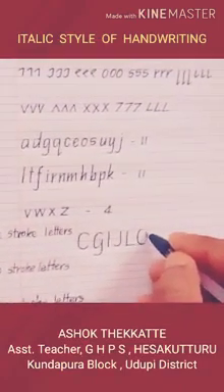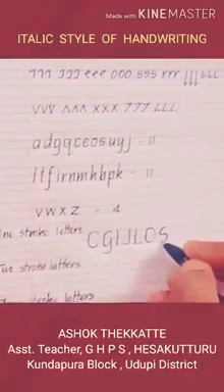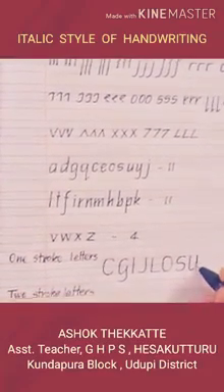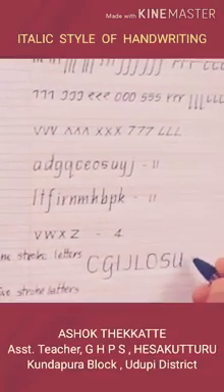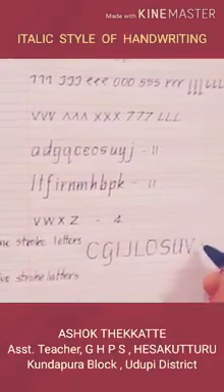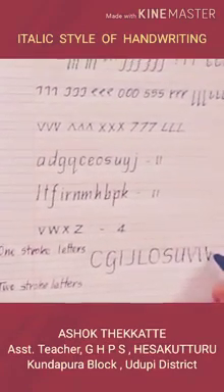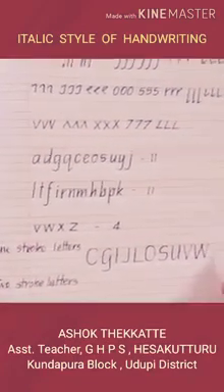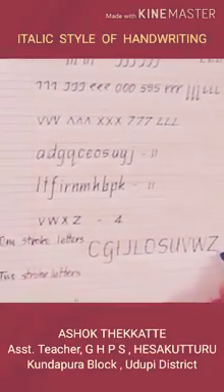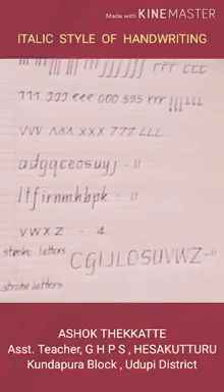Now it is O, S, U, V. Look at here, only 1 stroke we use to write the letter V. And in the same way, the next letter is W and Z. This is a set of 11 letters of 1 stroke.